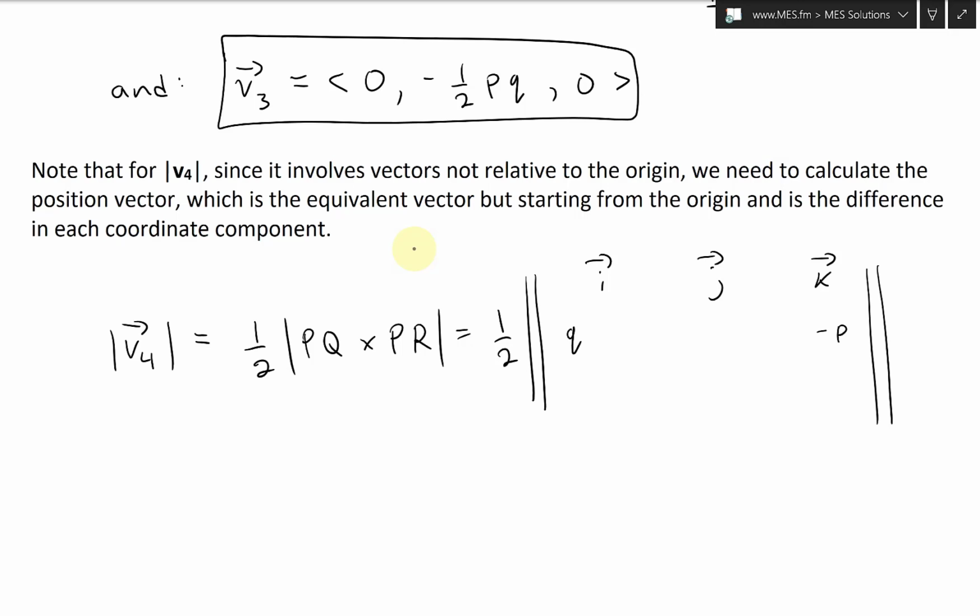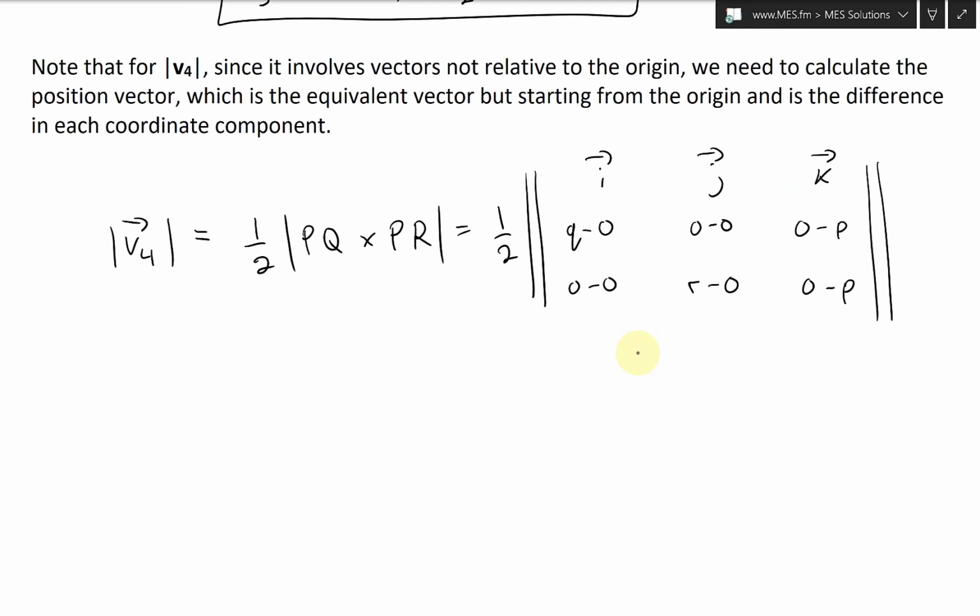So put a minus P here. So minus 0, 0 minus 0, and then 0 minus P. And then the R only has components in the Y one, and that's going to be R's here. And we're doing R minus P. Then P only has it in the Z, like that. And we're subtracting the other way around. So we're going to have 0 minus that, R minus 0, 0 minus 0.